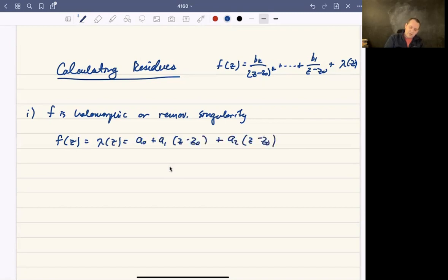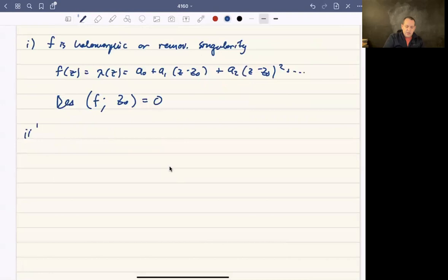And therefore, your residue is 0. There is no (z minus z naught) to the -1 term. So not much more to say there. That's good to remember, though, in general. If you have a holomorphic function or removable singularity at z naught, then the residue is 0. And that's the end of the story.